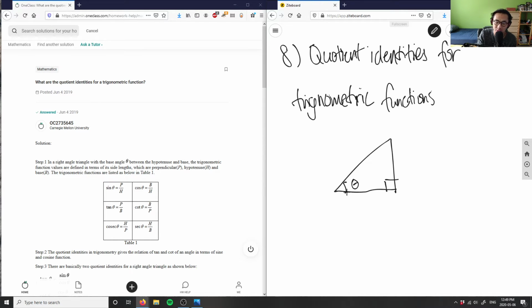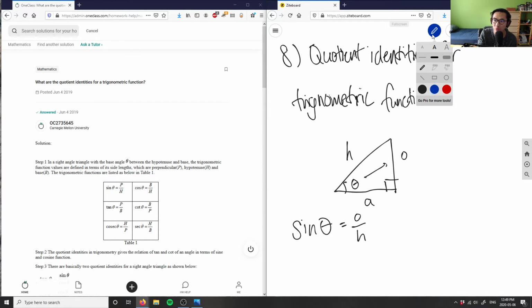It's all in reference to angle theta, right? So for example, sine of theta would equal opposite over hypotenuse, right? You can say this is the opposite over the hypotenuse, and this one would have to be adjacent.